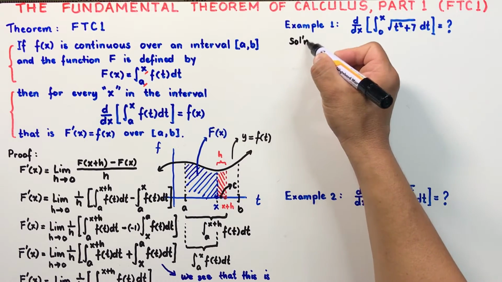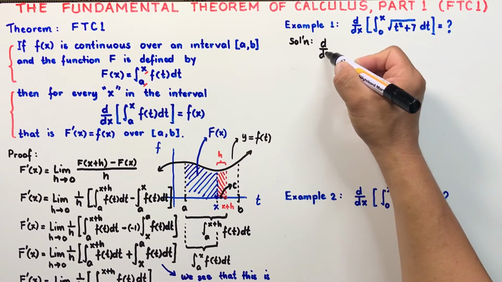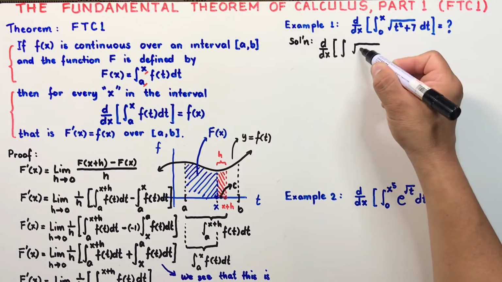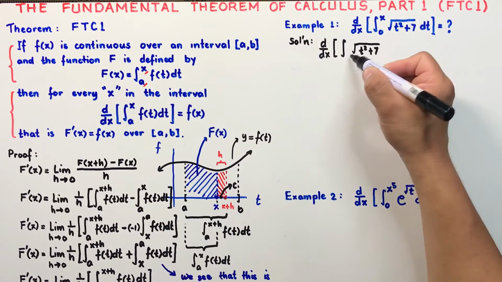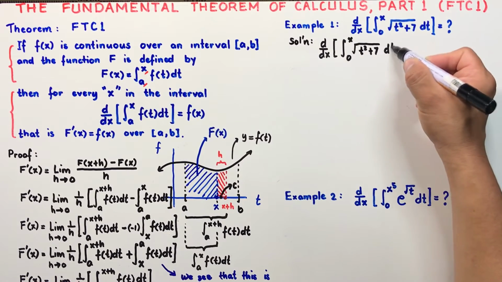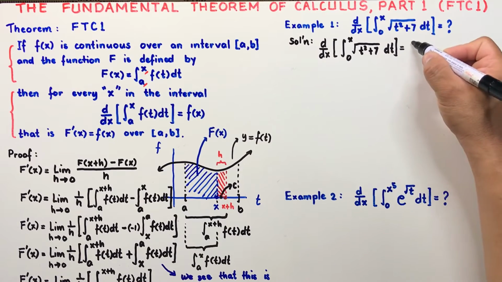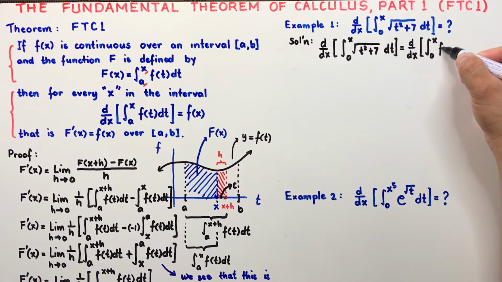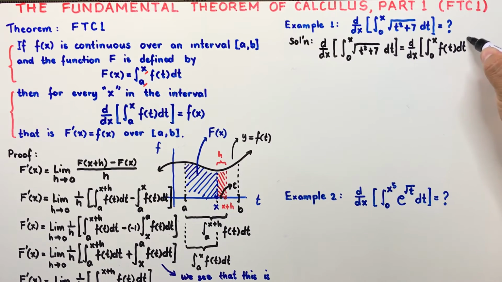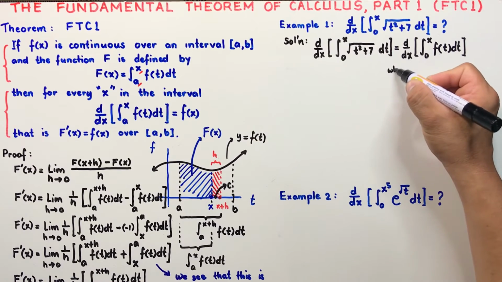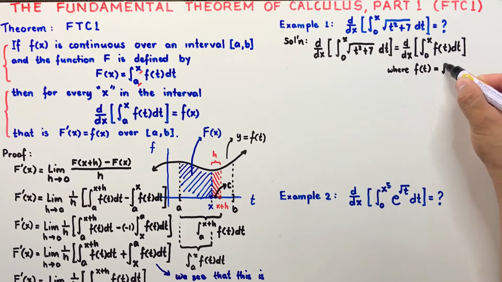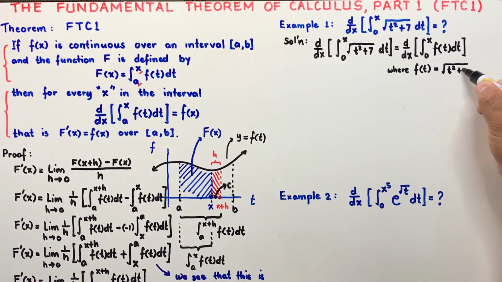So here, to find the derivative with respect to x of this integral, we write that this is the derivative of our integral from 0 to x of our function small f of t dt, where our function small f of t is equal to the square root of t squared plus 7.